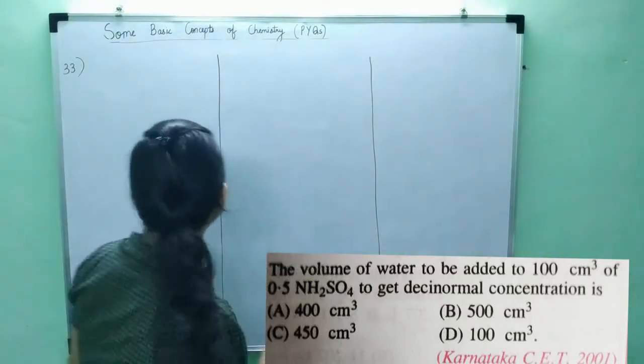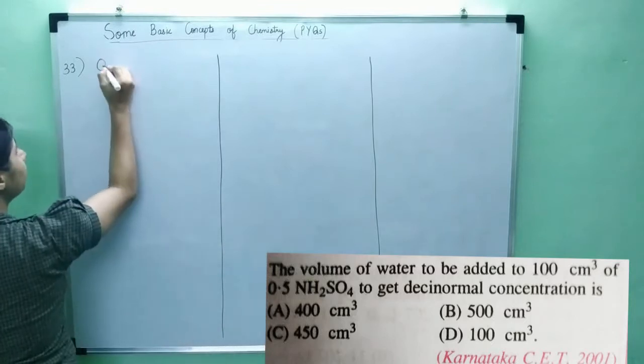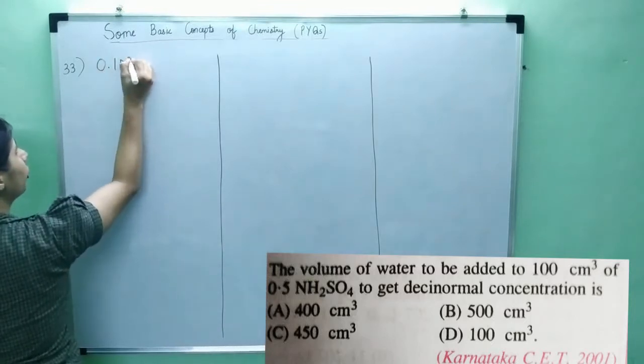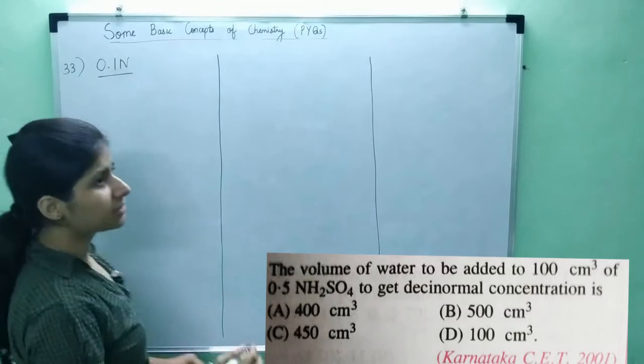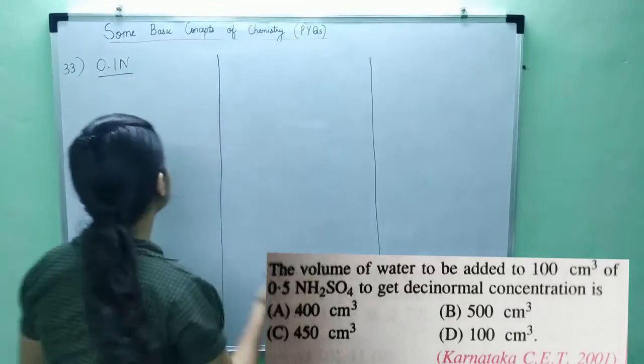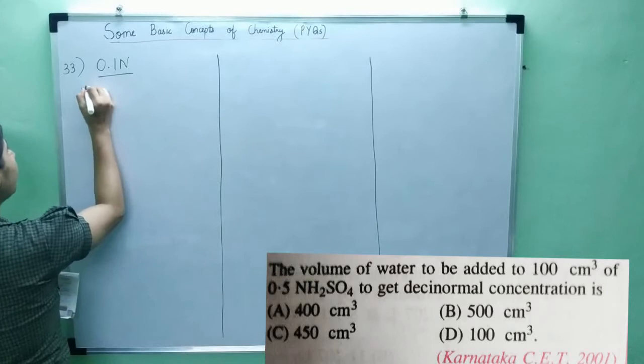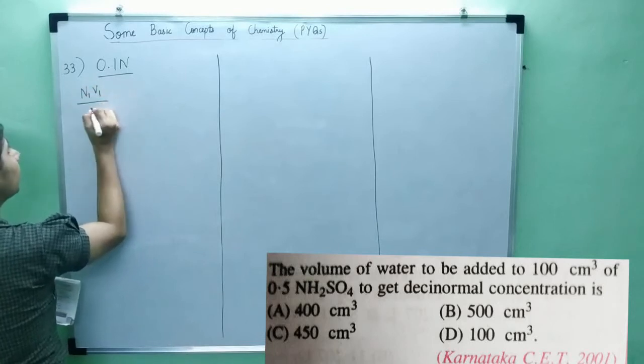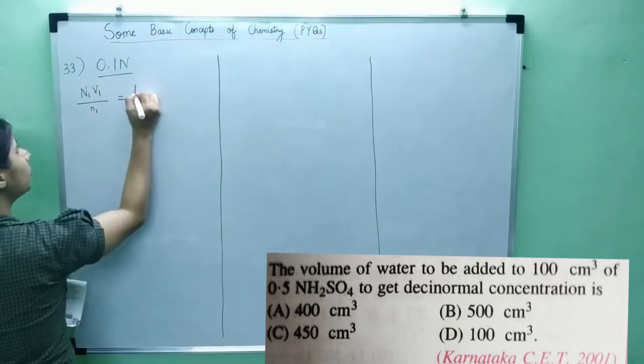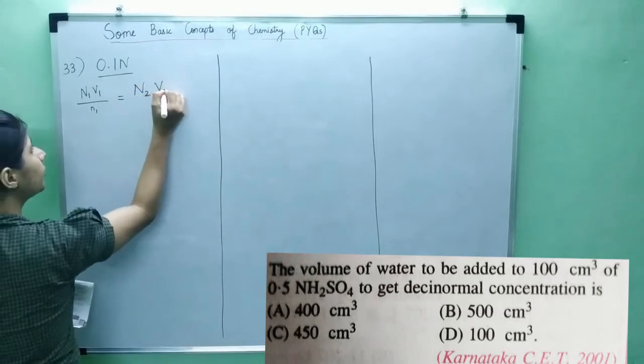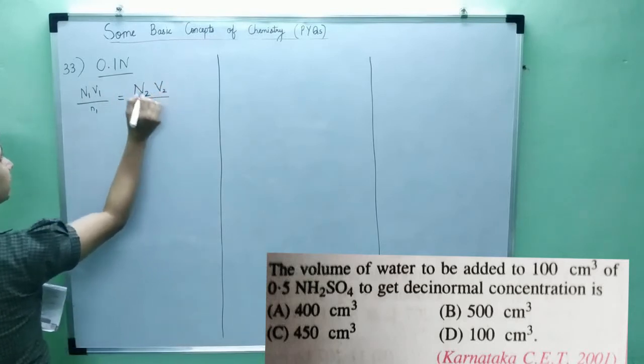Next, water to be added to 100 centimeter cube of 0.5 normal H2SO4 to get a decinormal solution. Now what is decinormal first? Decinormal is 0.1 normal. Now there is a very famous dilution equation which is used, which is N1V1 is equal to N2V2. Now I'll explain the terms.